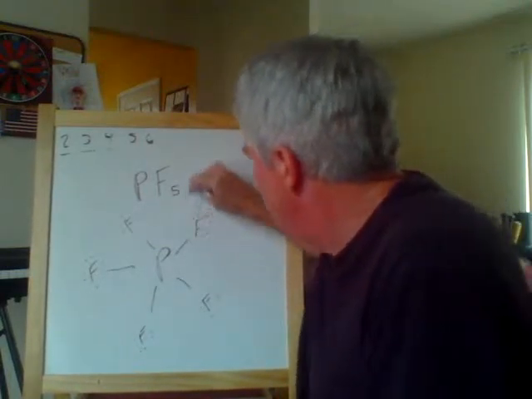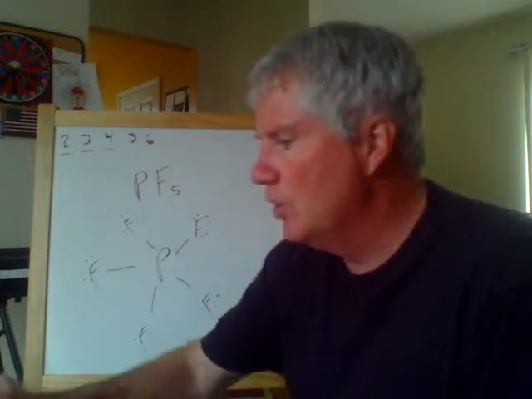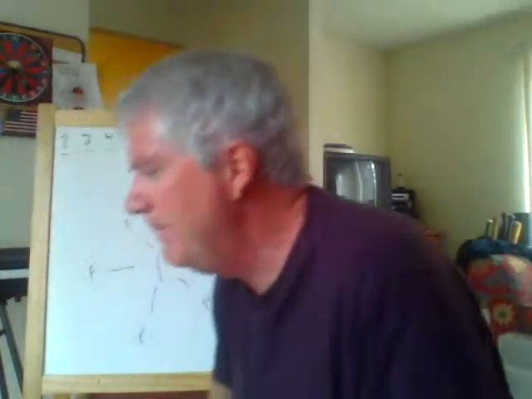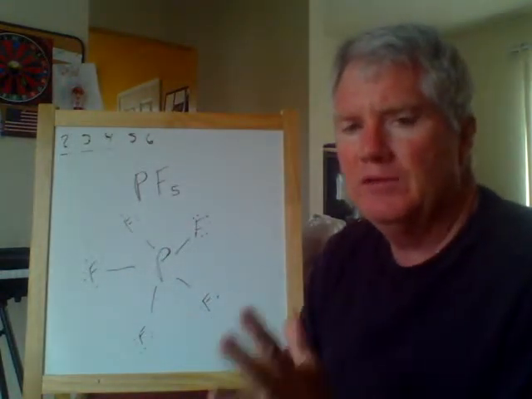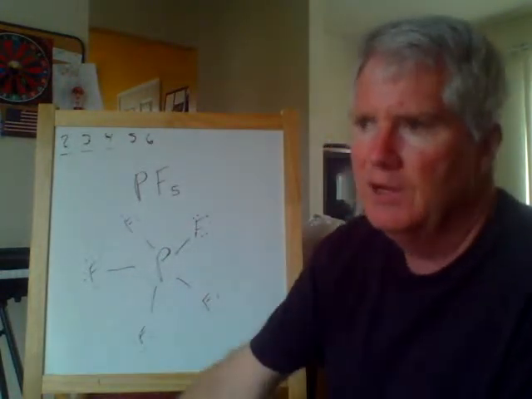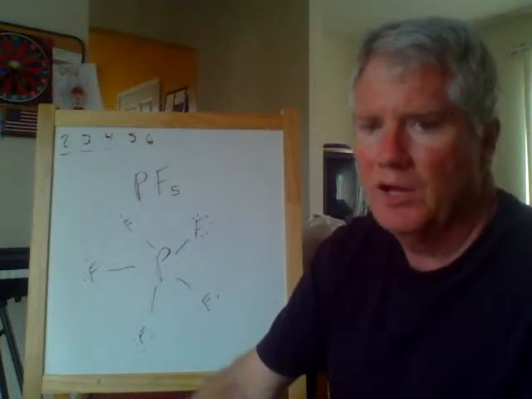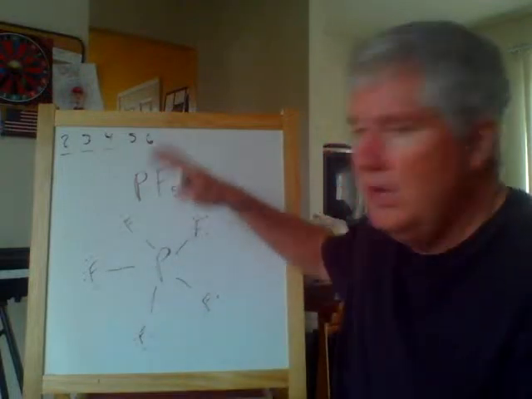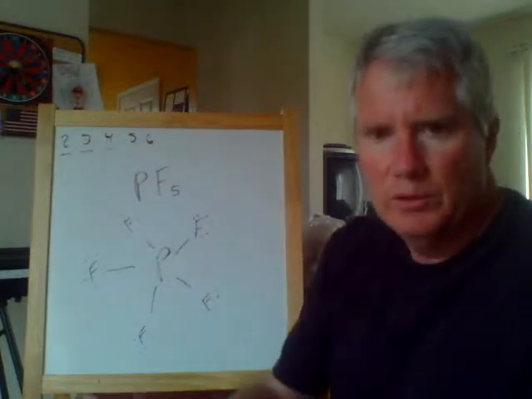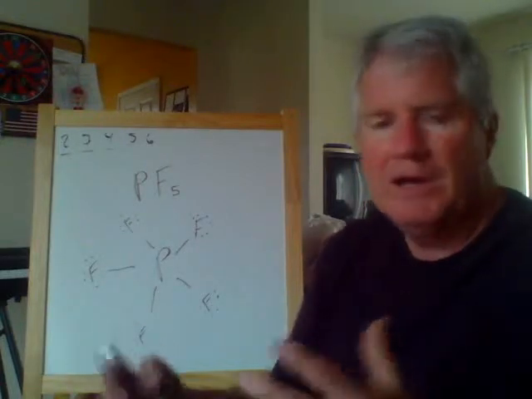From a shape standpoint, phosphorus pentafluoride has a shape which is called trigonal bipyramidal, and you can look in your book. It takes some getting used to, memorizing these shapes. It's kind of important to memorize these shapes, probably for your exam as well, because I can imagine problems on your exam that will say, here's a compound, write the Lewis dot structure, tell me what shape it is, and tell me if there's any effect on bond angles.